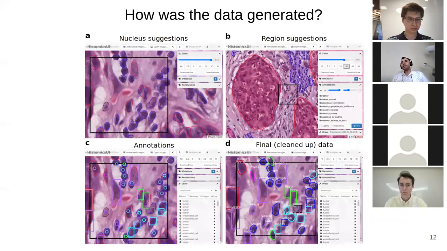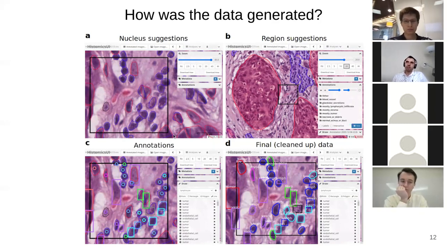The way we did it is we generated computational suggestions for the people to see even before they annotate. These suggestions were generated using models that do not require any data. There are some existing non-deep learning models that are based on shape. The model we used to generate the polygons you're seeing here in panel A looks at darker elements that are roundish in shape.